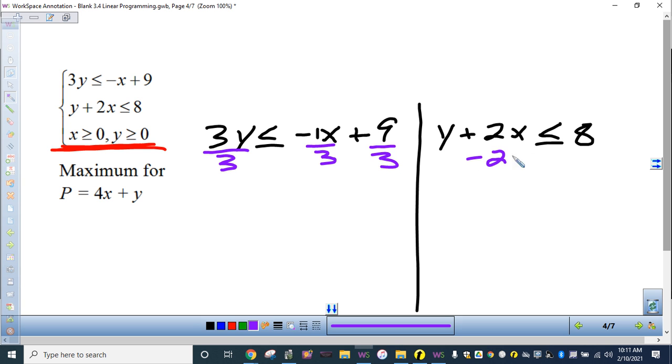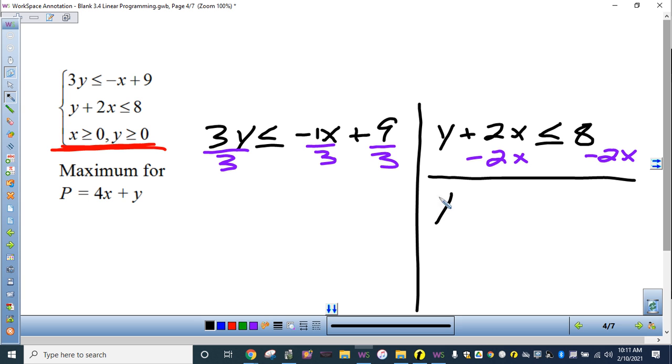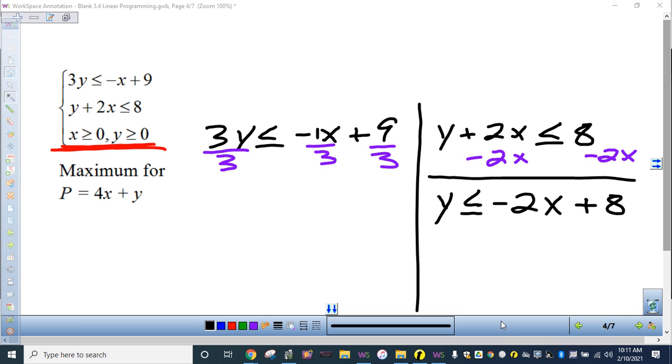Second equation, we're just going to subtract the 2x over. So the one on the right, we get y is less than or equal to negative 2x plus 8. And on the left, we get y is less than or equal to negative 1/3 x plus 3.